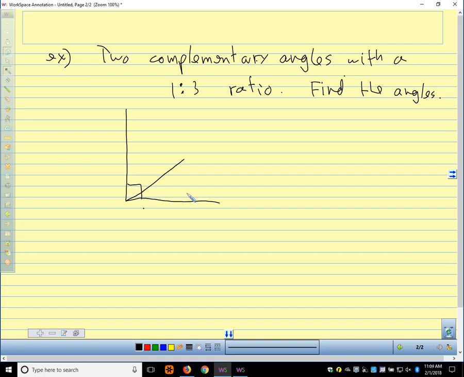So in math, if we don't know what something is, what do we like to call it? X. So one of these angles is X. If the angles are in a 1 to 3 ratio, this angle is 1x. What is the other angle? 3x. So those two angles are in a 1 to 3 ratio, and we know they add to 90 degrees. So 3x plus x has to equal 90.